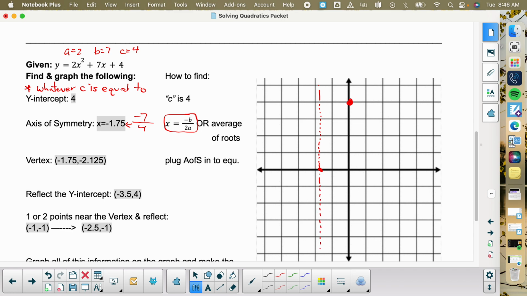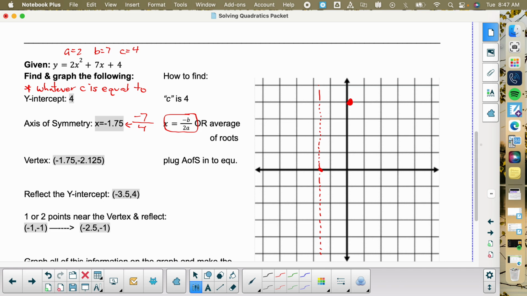But its only purpose is to tell us where the middle of the parabola is. That's its only job. I should erase this point, because I don't want you guys to think it's a point.